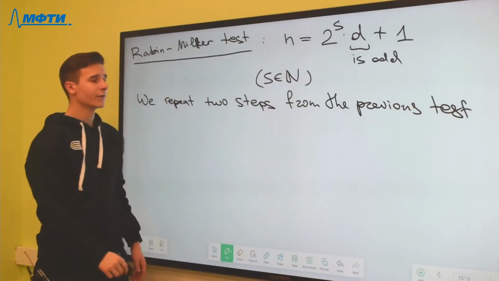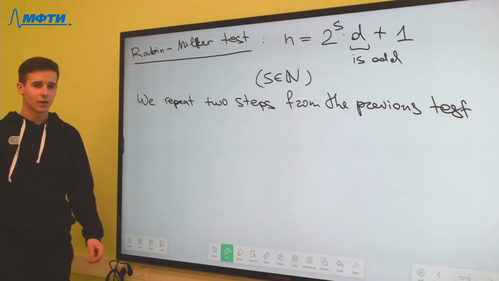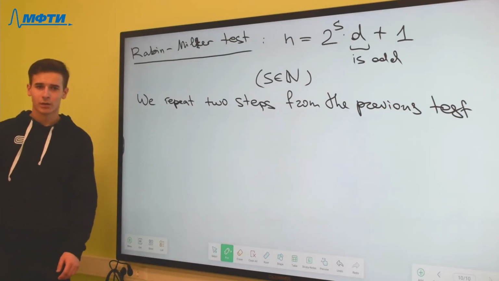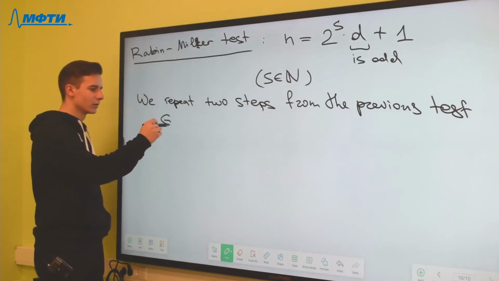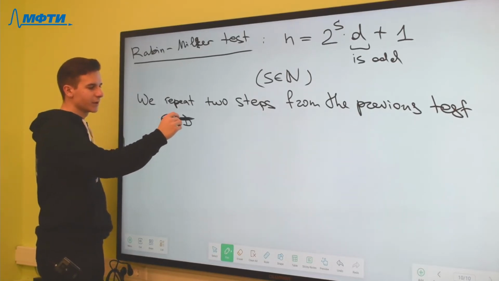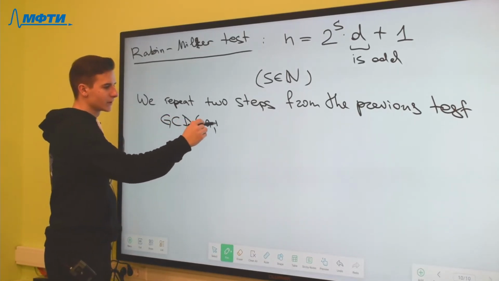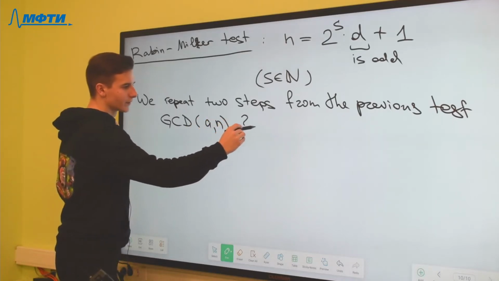We find a random A. Of course, we can compare the greatest common divisor of A and N with 1.